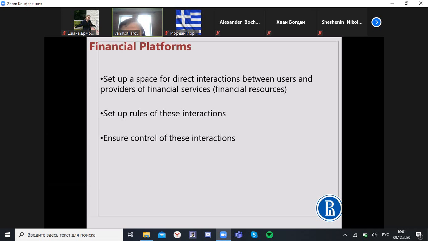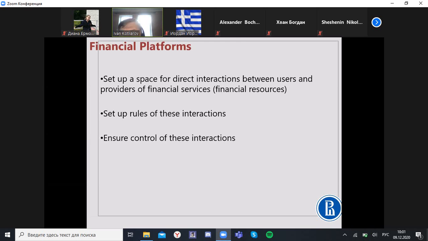A platform, we have already discussed it during our first lecture, is a space where different users meet and provide services or resources to each other. Uber, for example, is a platform. On this platform, passengers and drivers meet. Airbnb is a platform, but crowdfunding sites are also platforms. On these platforms, potential backers and potential initiators of projects meet.